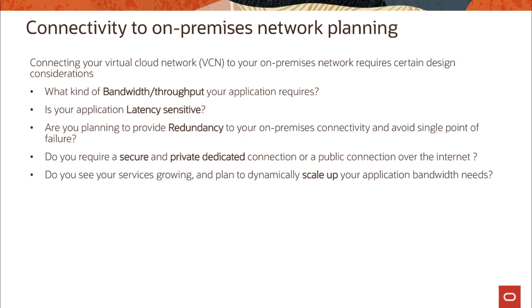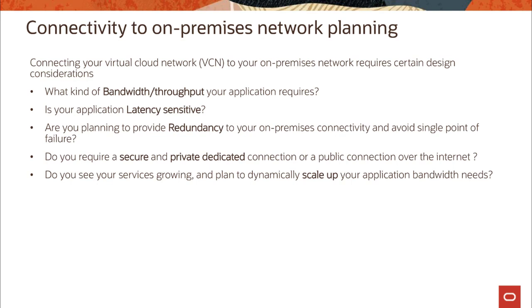What is your plan around redundancy? Now, when you design your networking infrastructure, it is definitely recommended by Oracle that you have redundancy in your networking infrastructure, not only on the virtual cloud network part, but also on the connectivity part of your infrastructure design. If you have a single connectivity option within OCI, then that becomes a single point of failure.